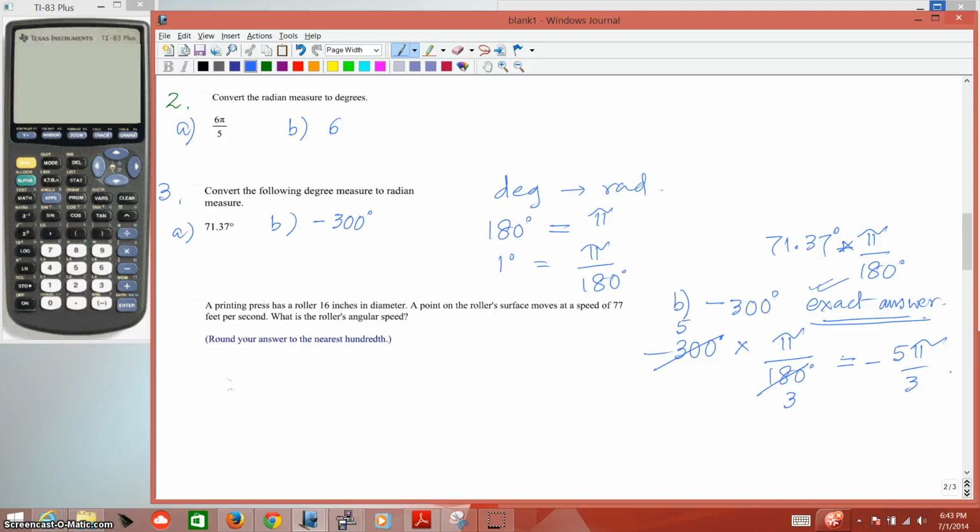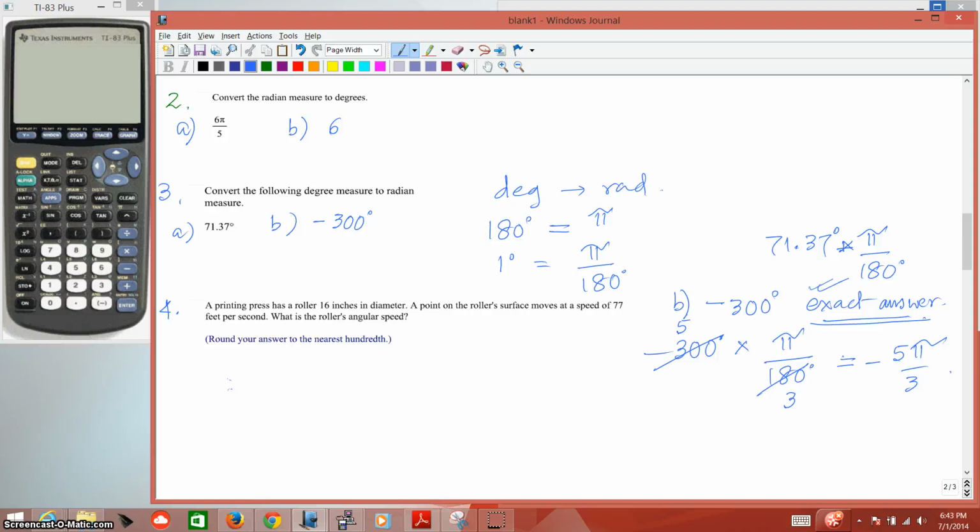The fourth question is a little tricky but a very simple idea. A lot of students asked about this particular question, so I decided to address the common mistakes they are making in the lab. This one talks about a printing press that has a roller 16 inches in diameter.